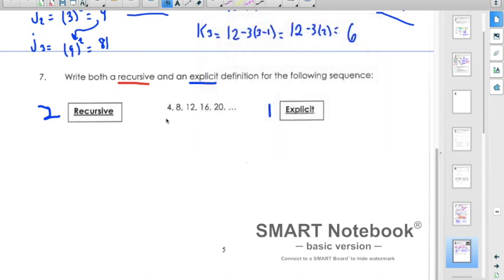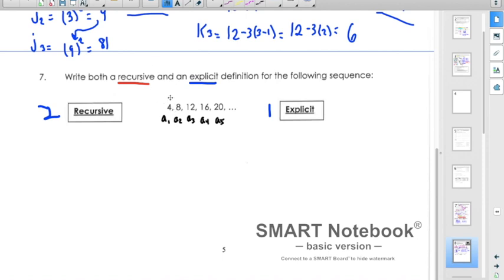All right. And let's just be extra careful about what it is that these terms are. Right, this 4, that's your a sub 1. This 8 is your a sub 2. 12 is a sub 3. 16 is a sub 4. 20 is a sub 5. Now the next thing I want to figure out, is this an arithmetic or is this a geometric sequence?